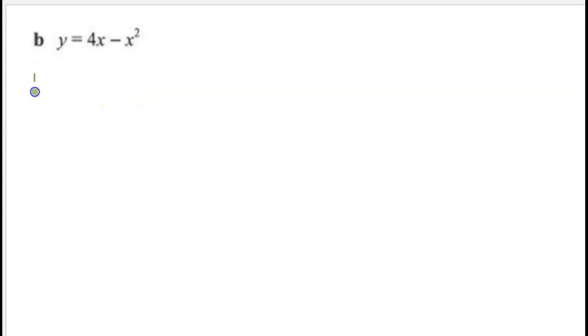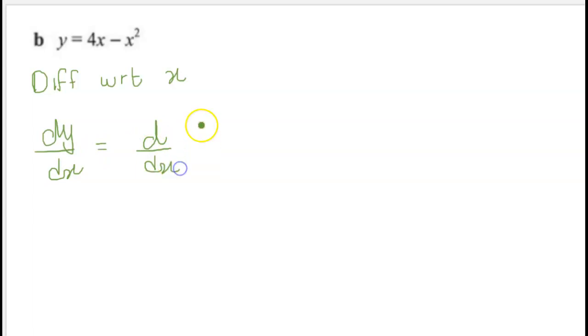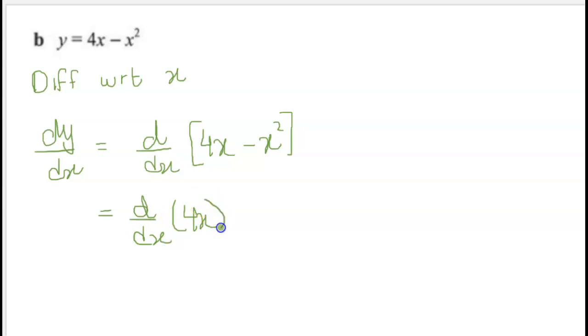Exactly the same one. We differentiate with respect to x. And that will give you dy over dx equals d over dx of 4x minus x squared. Now that side remains as it is. You know the rule. Make sure you do all the steps in your assignment. So that's 4x minus d over dx of x squared.